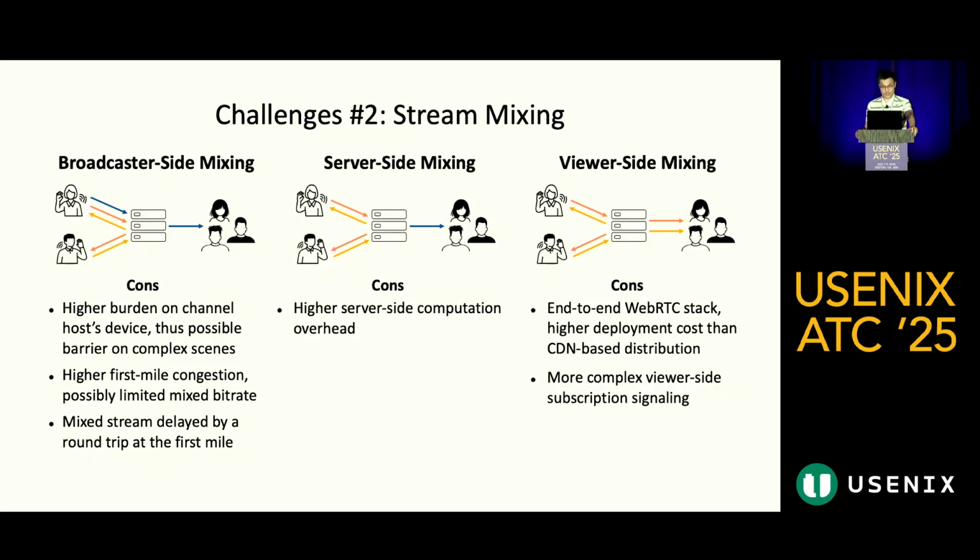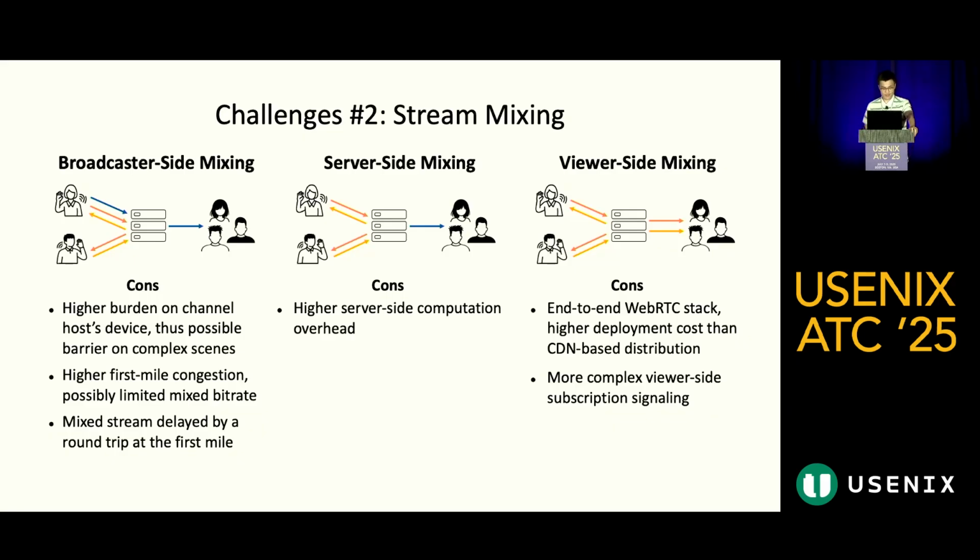The second challenge originates from the need to mix the media streams from multiple collaborative broadcasters into a single stream watched by viewers. Where to enforce such stream mixing is perhaps the most crucial design choice for our streaming architecture. A broadcaster-side mixing can simplify server-side processing, but it increases the burden on the broadcaster device and may suffer from higher first-mile congestion.